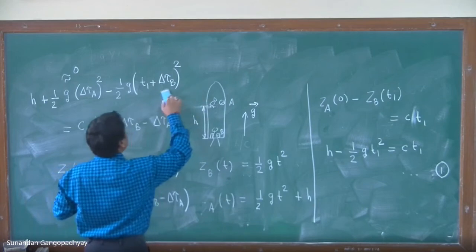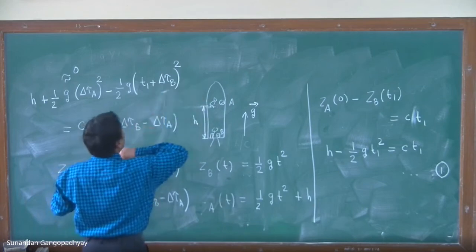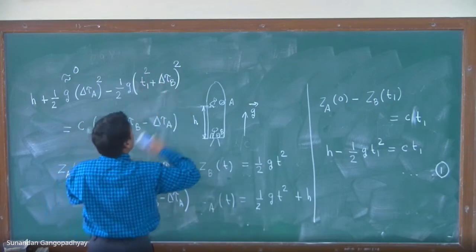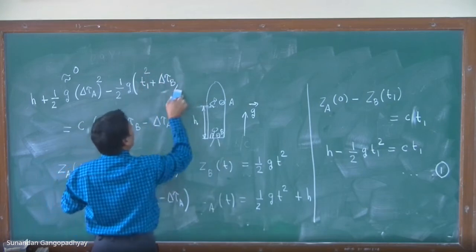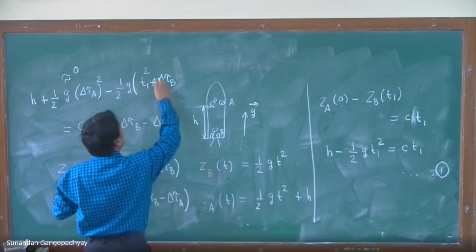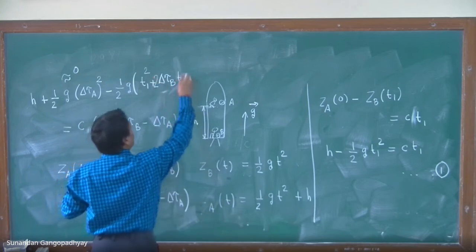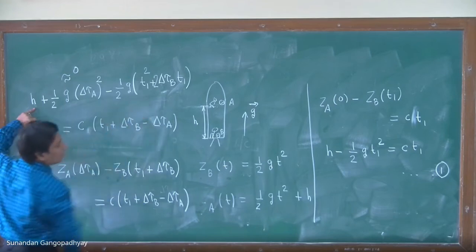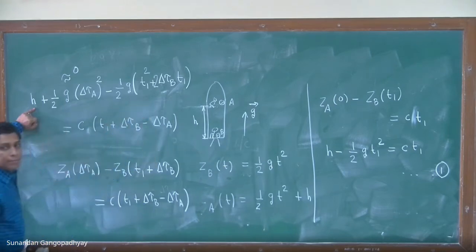And if you assume that this is small, then what you will get is nothing but T1 square plus 2T1. Okay, so this is an approximation that we make, and you also have the following: H minus half GT1 square, that is equal to CT1.